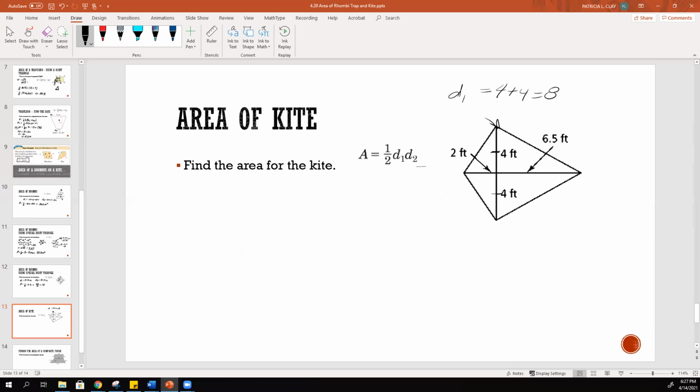And then now diagonal 2, right here, is going to be equal to 6.5 plus 2. So that's equal to 8.5, right? All right, now all we have to do is plug it in. 1/2 times 8 times 8.5. So that gives us 32 feet squared.